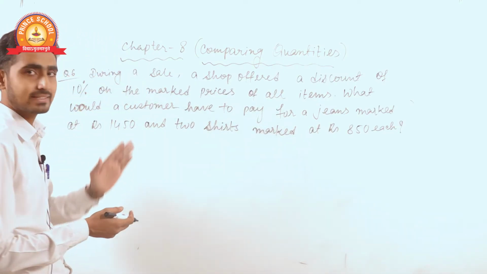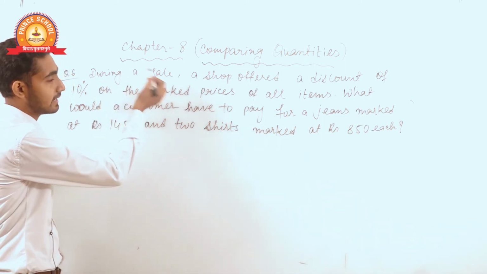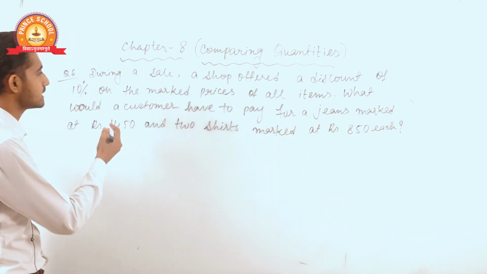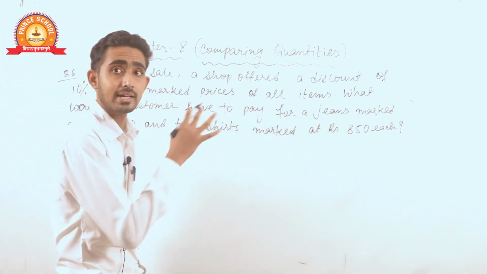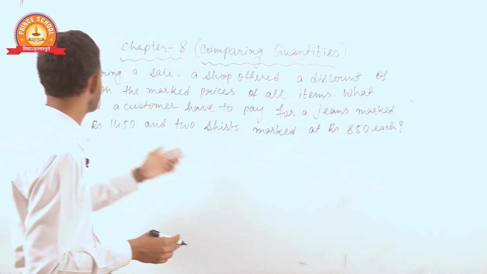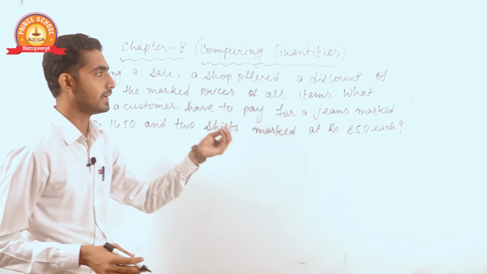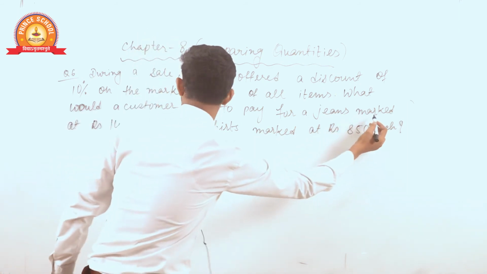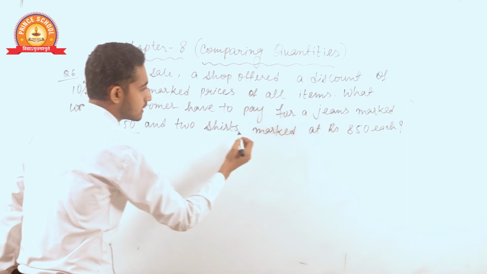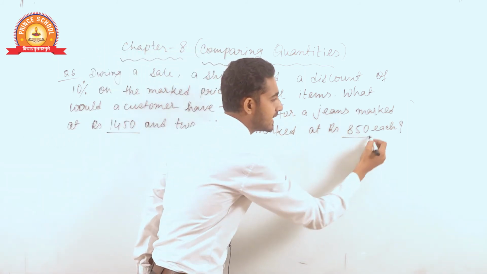So question number 6 says, during a sale, okay, a shop offered a discount of 10% on market prices of all the items. Whatever items there are, there is a 10% discount on them. So what would a customer have to pay for a jeans marked at rupees 1450 and 2 shirts marked at rupees 850 each?